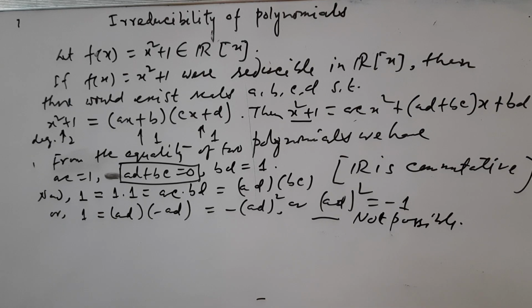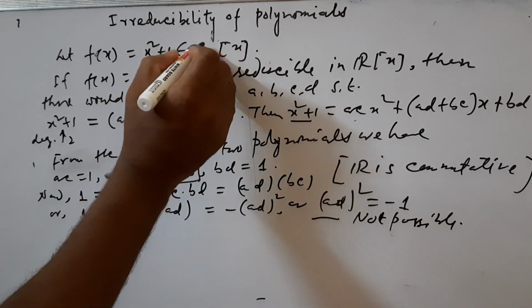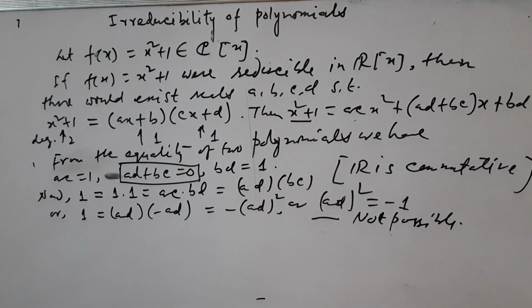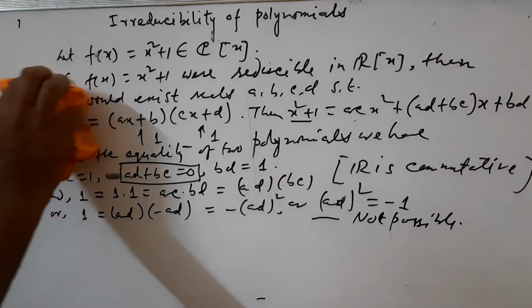Now we consider the polynomial in C[x], where C is the ring of all complex numbers.